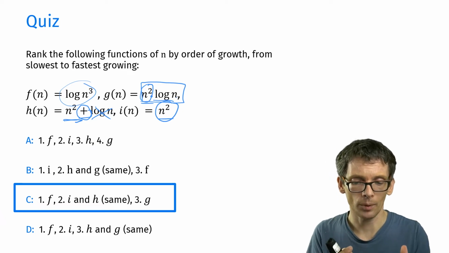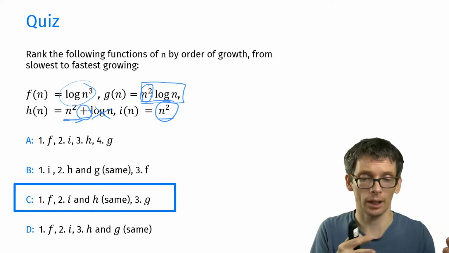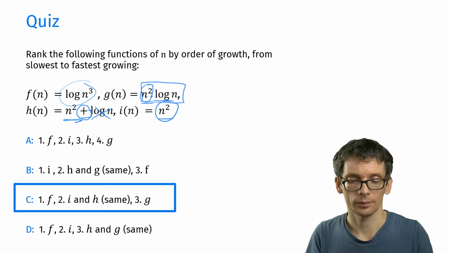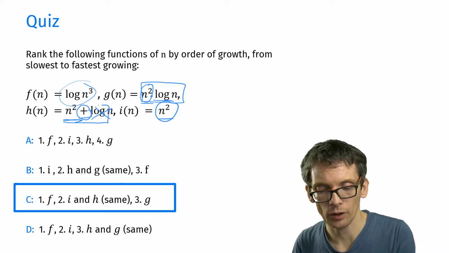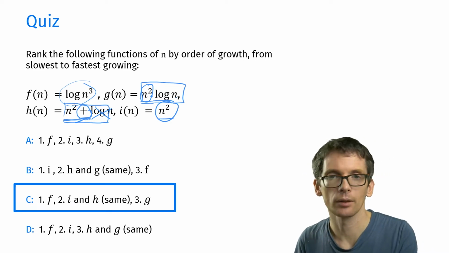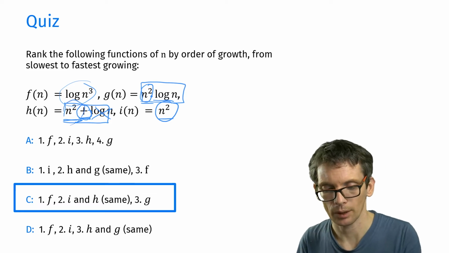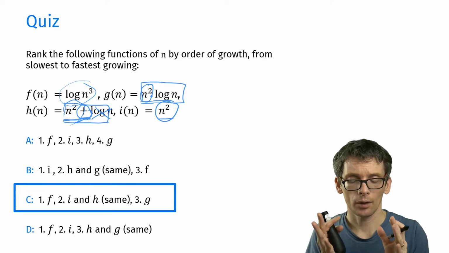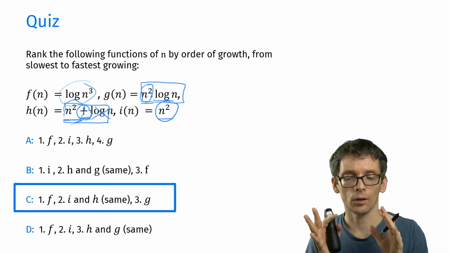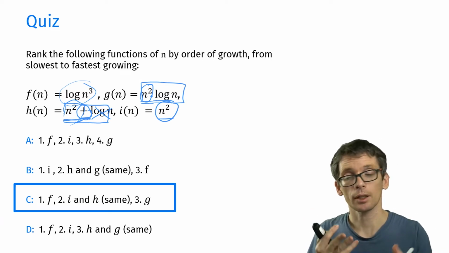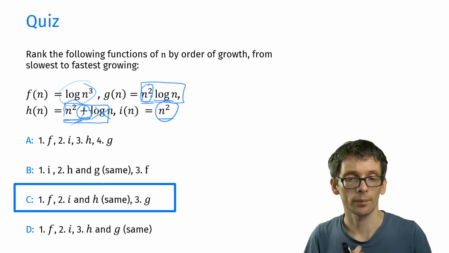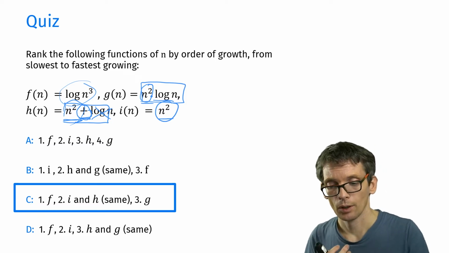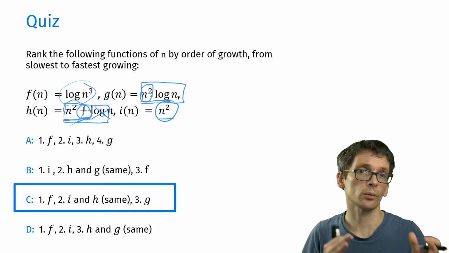So the dominant term here is n squared log n, while for H, because there was a plus, the dominant term is simply n squared. And you have more of these types of examples in the practice exercises. There's lots of material to practice comparing functions, also working with logarithms.